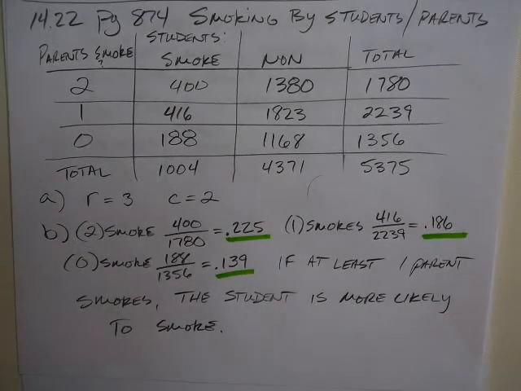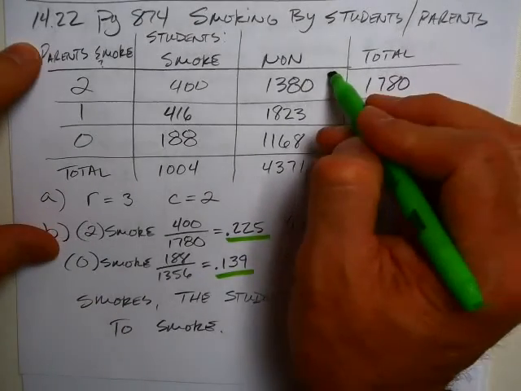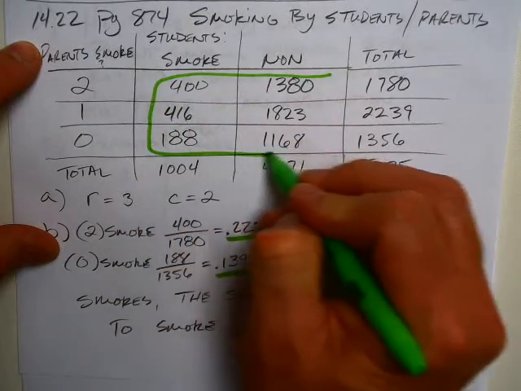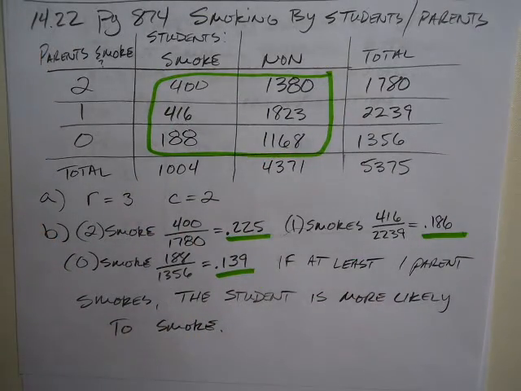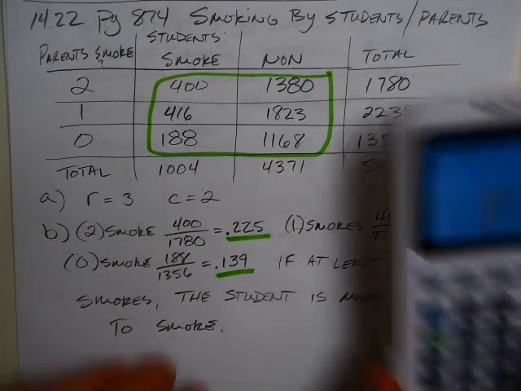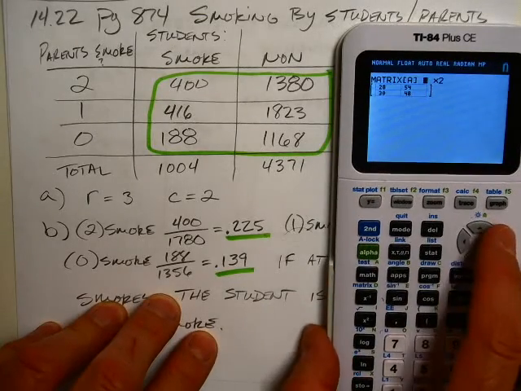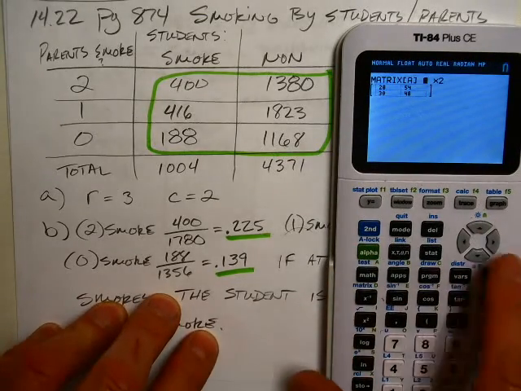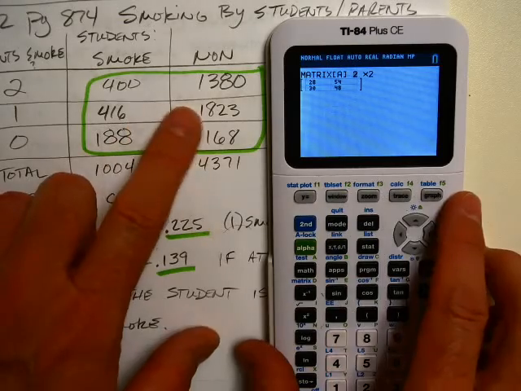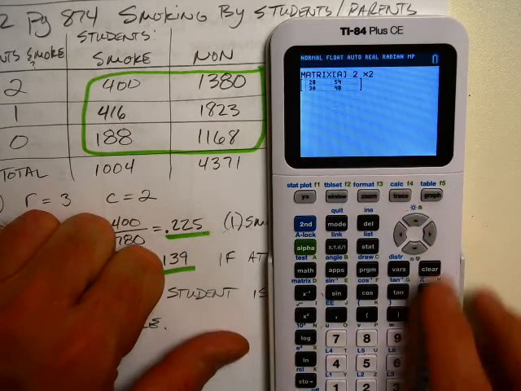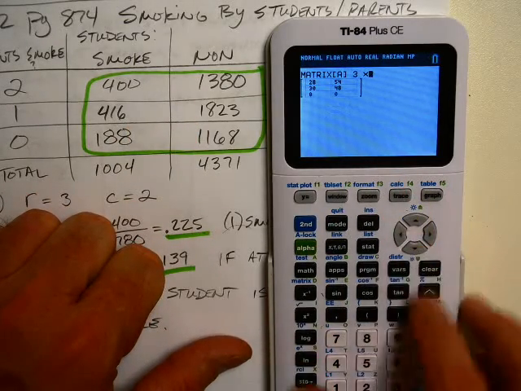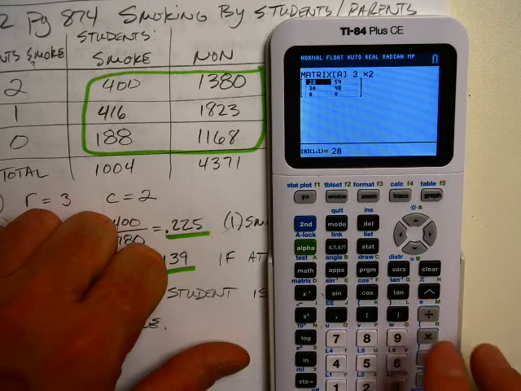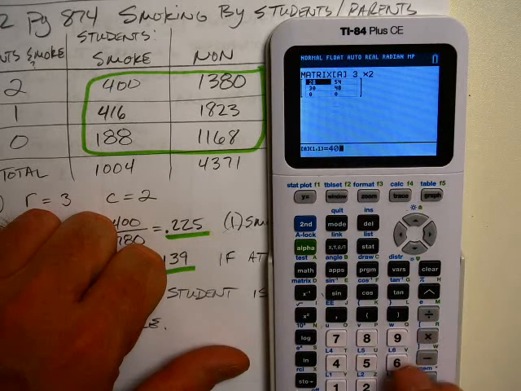And I need to put in the observed. So these are going to be our observed values. So I want to put that in as my matrix A. So that's going to be a 3 by 2. And this is the shortcut for getting the expecteds.